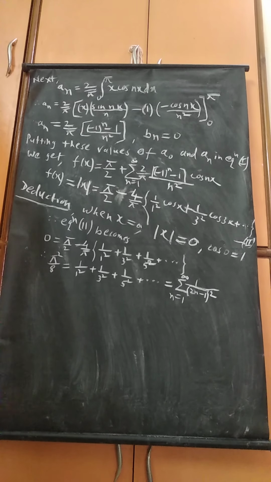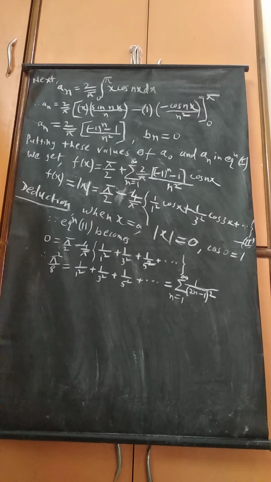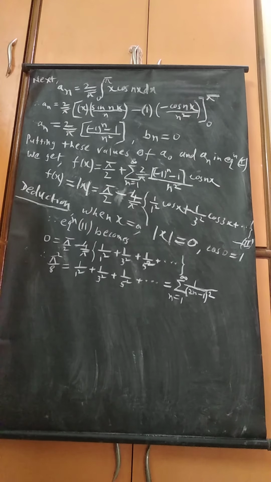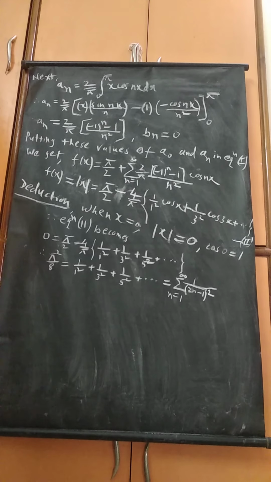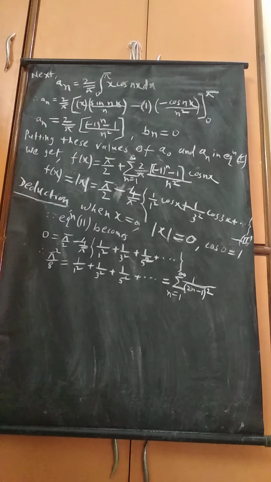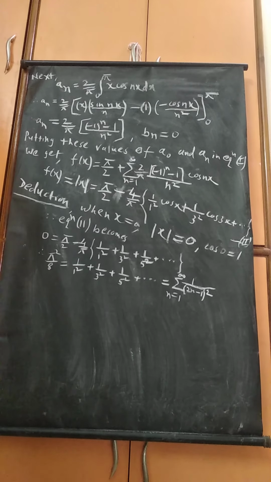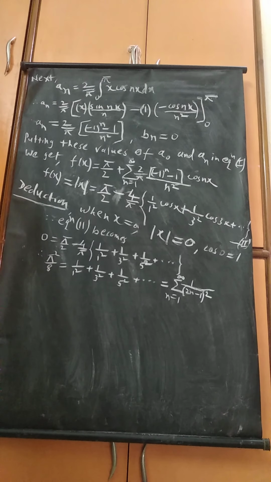Since sin n pi is 0, sin 0 is 0, cos n pi is (-1)^n, and cos 0 is 1, therefore a_n becomes 2/pi [(-1)^n - 1]/n^2, and b_n is 0.